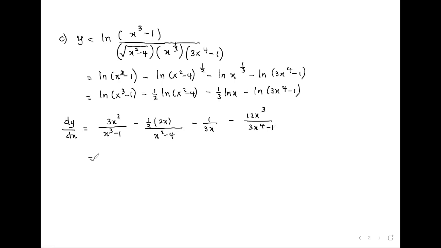Simplified as 3x squared over x cubed minus 1 minus x over x squared minus 4 minus 1 over 3x minus 12x cubed over 3x to the power 4 minus 1. You're done.